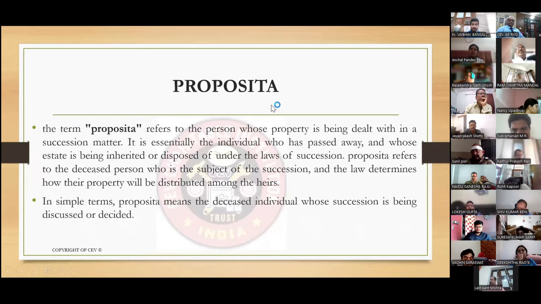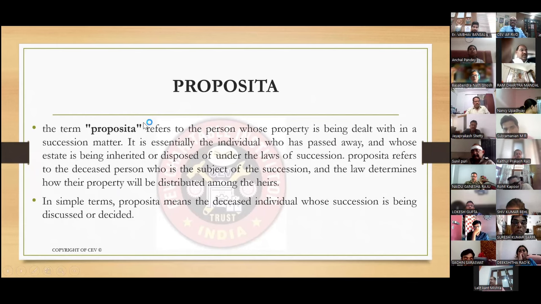Now the term proposita. The term proposita refers to the person whose property is being dealt with in a succession matter. Sometimes when you read a will or a testamentary document, you may encounter this word proposita. What is meant by proposita? You must know.